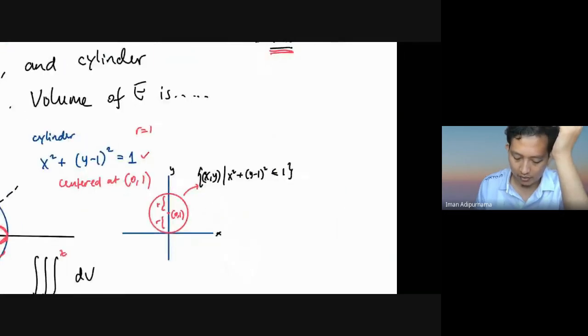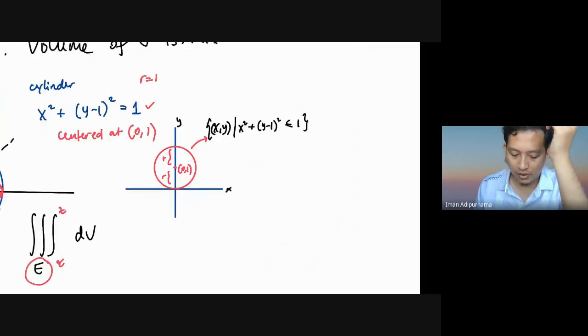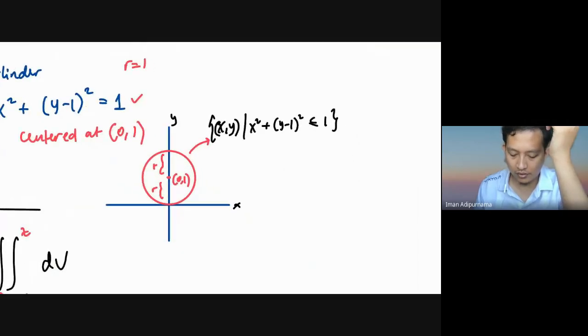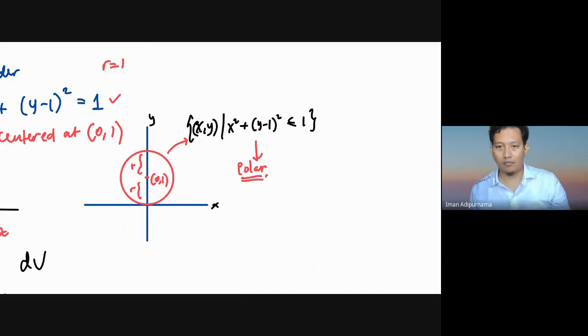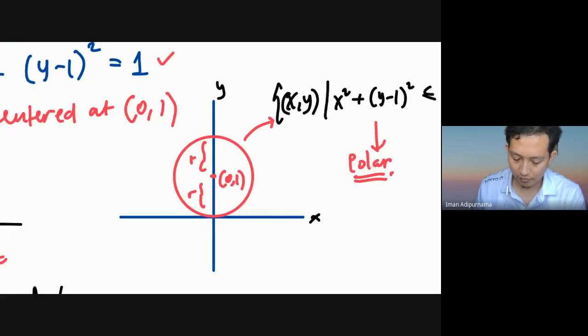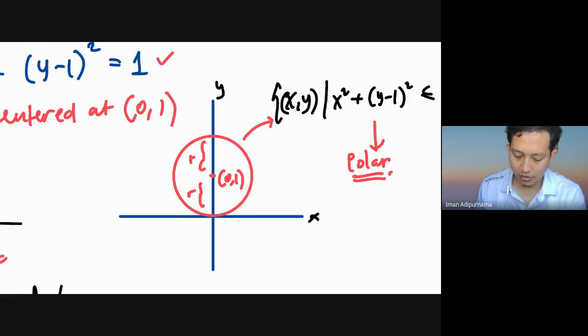Okay, now for the double integral, we can use polar coordinates. So we need to transform this into polar. Write in polar, that will help. So first, in terms of polar, imagine that the circle is on polar.